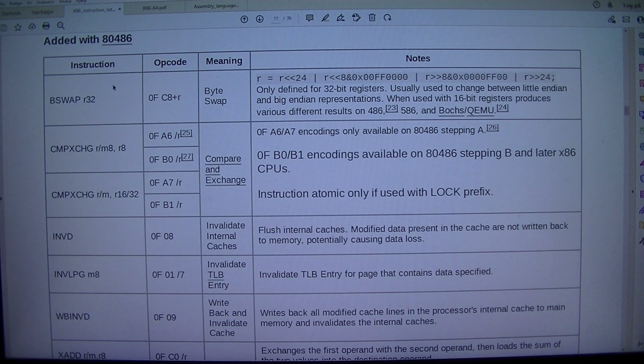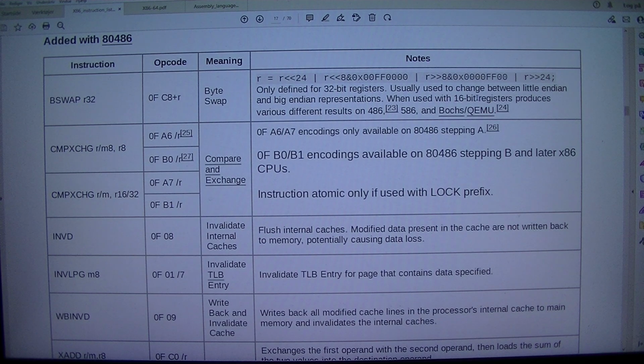Added with 80486. BSWAP: byte swap, R equals R << 24 | R & 0x0000FF00 << 8 | R & 0x00FF0000 >> 8 | R >> 24, only defined for 32-bit registers.